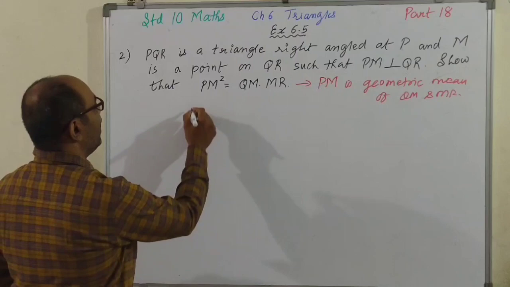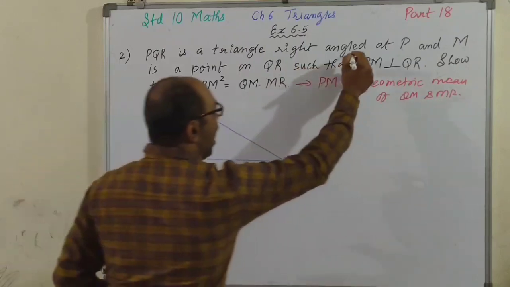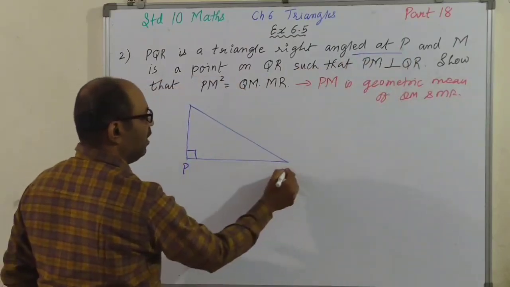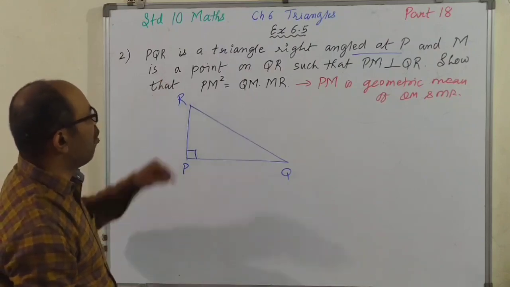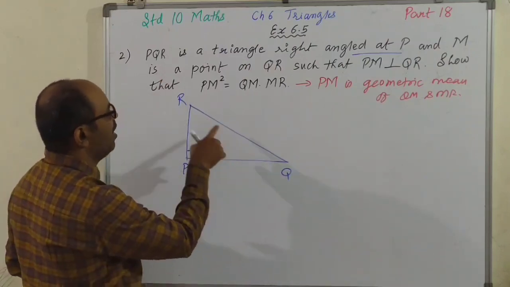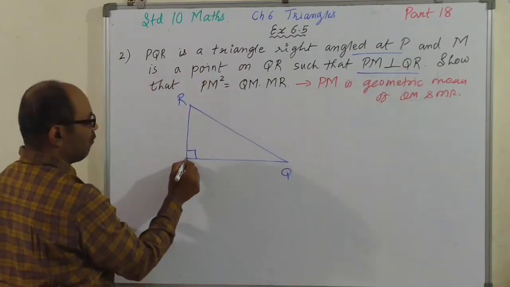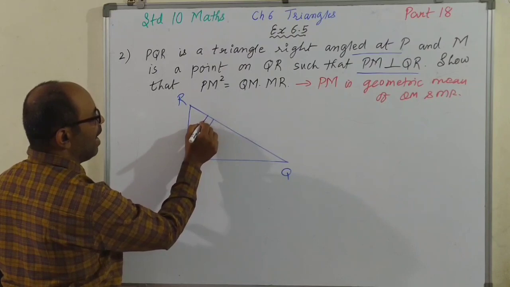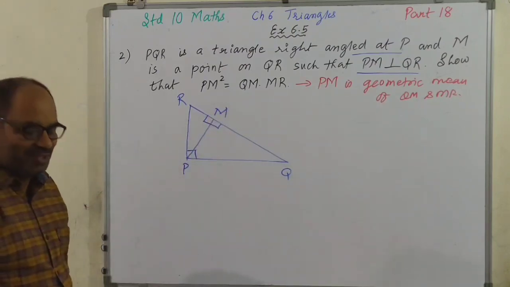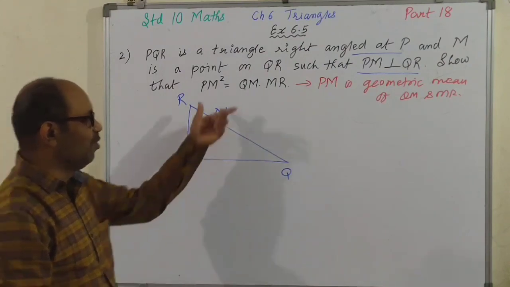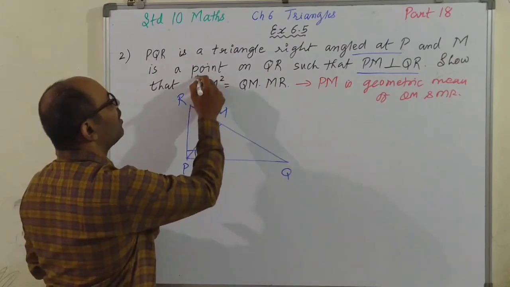We have a triangle right angled at P. So this is P, let's say Q and R. M is a point on QR. Here is QR. M is somewhere such that PM is perpendicular to QR. From P, if you drop a perpendicular, the foot of the perpendicular is M. Children, you have to prove two equal ratios.